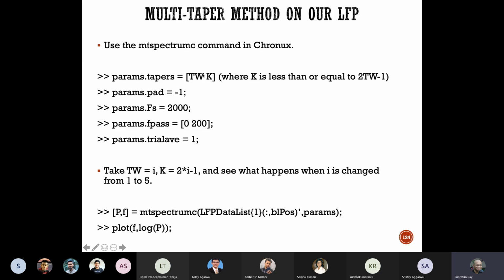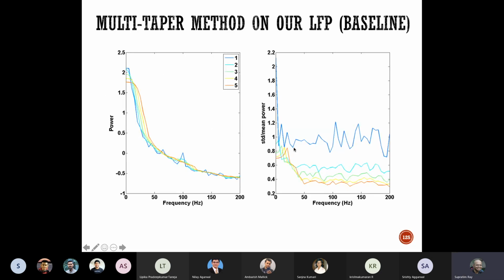But multi-taper allows you to choose numbers that are greater than 1. Essentially, this is the reduction in frequency resolution, which gives you a lower standard deviation or a better estimate of the spectrum.